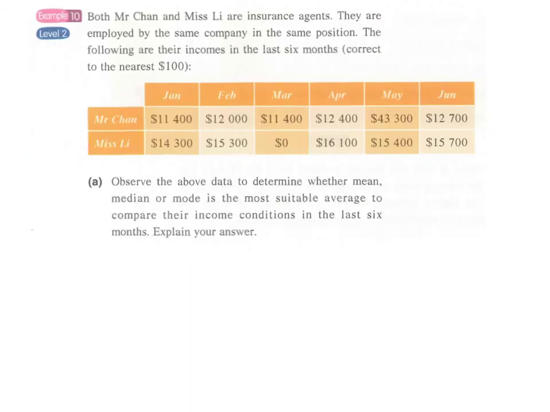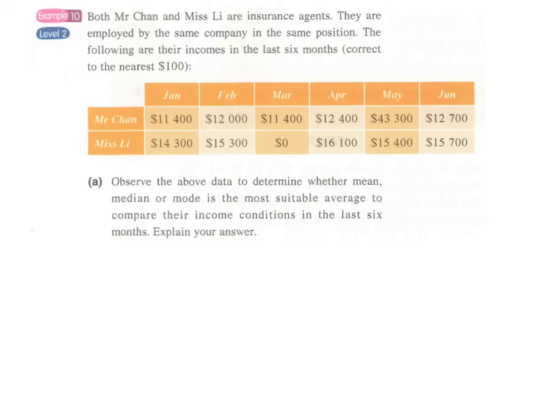Okay, example number 10. Mr. Chen and Ms. Lee are insurance agents. They are employed by the same company in the same position. The following shows their incomes in the last 6 months, correct to the nearest $100. We have to observe the data from this table and determine whether mean, median, or mode is the most suitable average to compare their income in the last 6 months, and explain your answer.